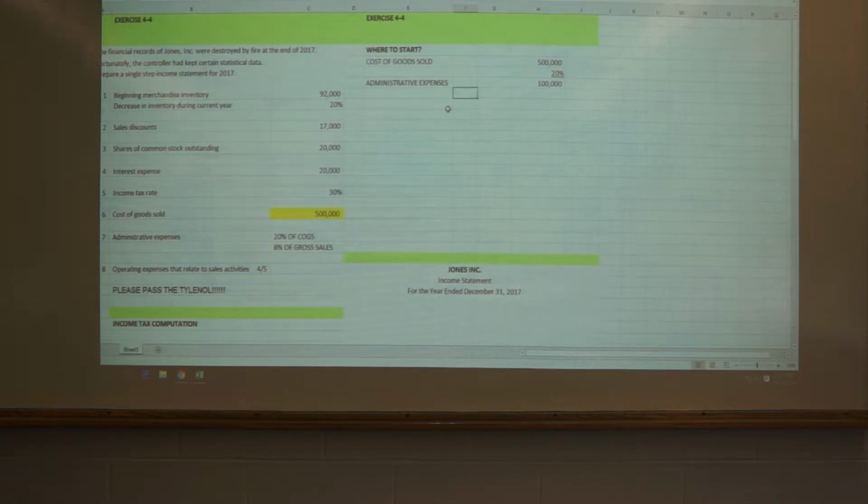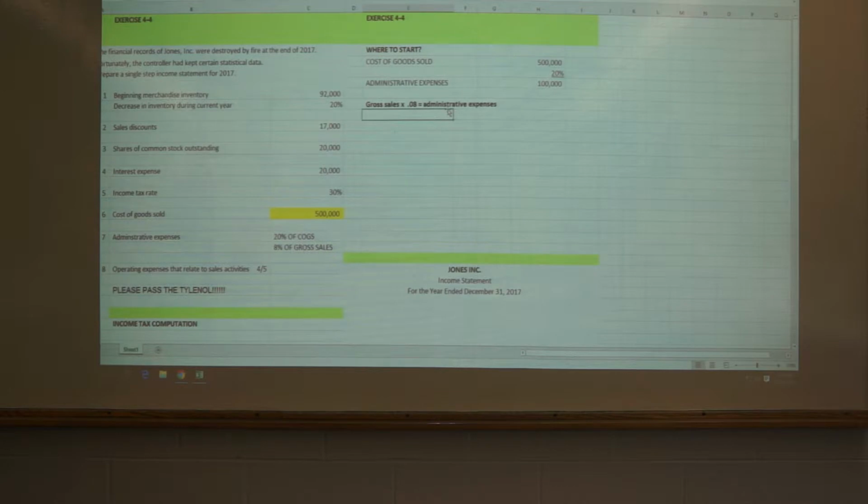So that translates to me as gross sales times 8% equals administrative expenses. Is that right? This is where I need the classroom to tell me if I've gotten this right or not. So gross sales times 0.08 equals administrative expenses.